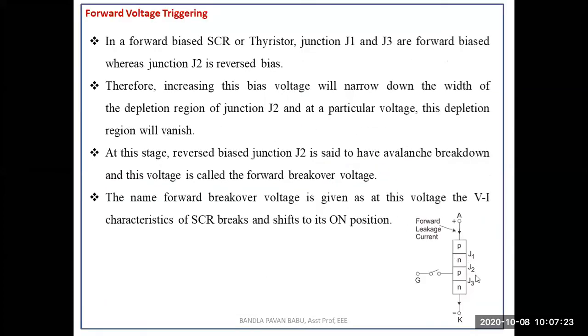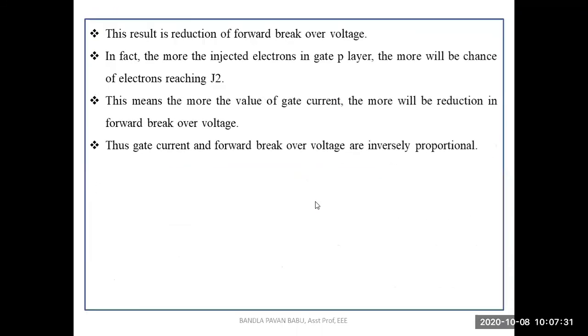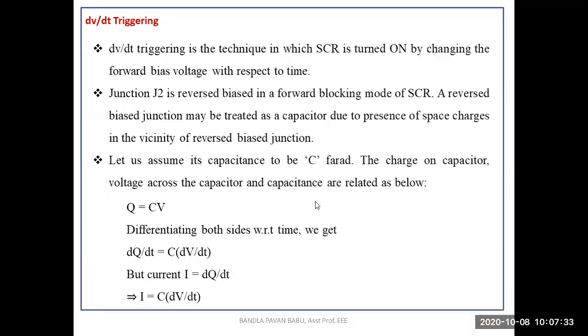These two layers, since it is reverse biased, you can treat as a capacitor with a dielectric medium, due to the presence of space charges in the vicinity of the reverse biased junction.